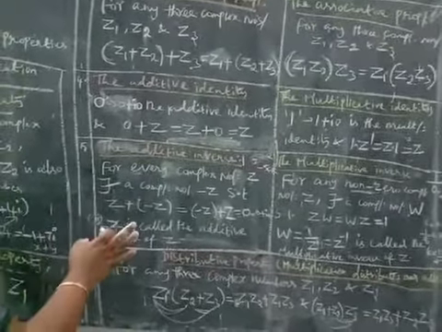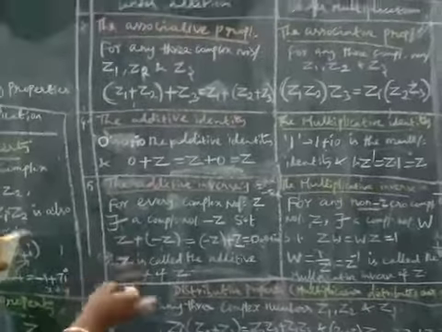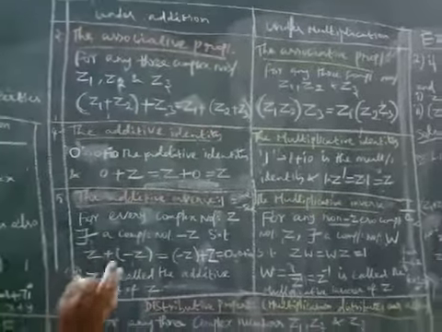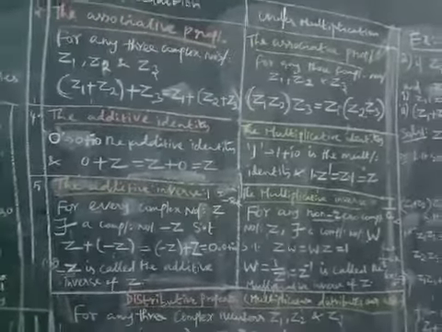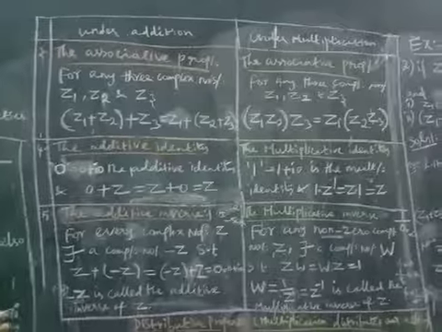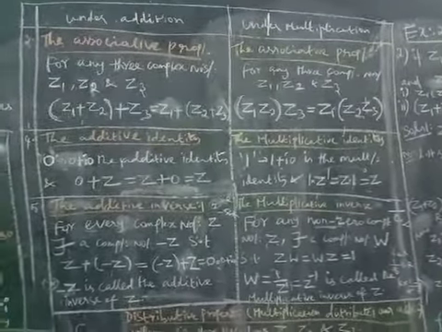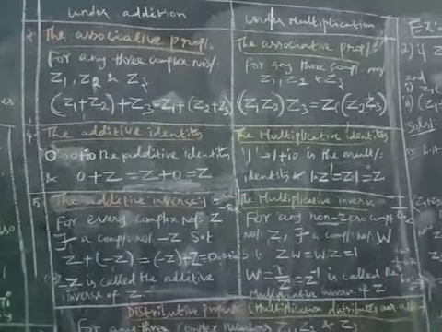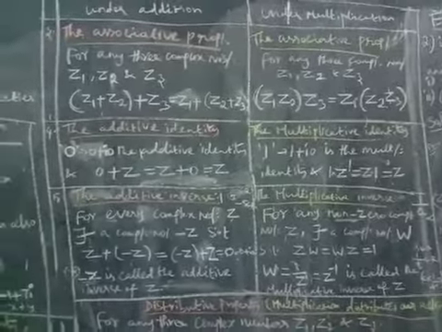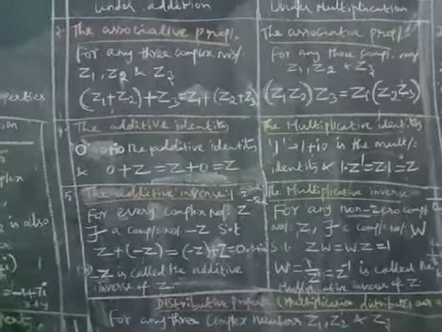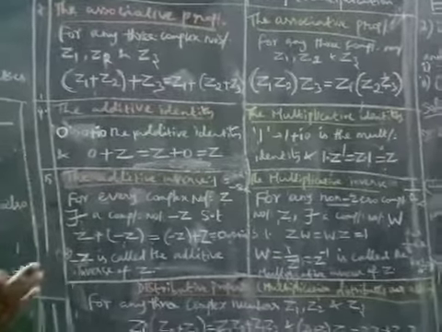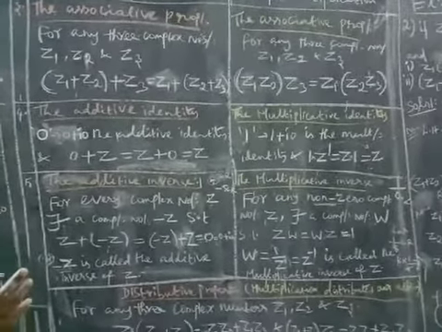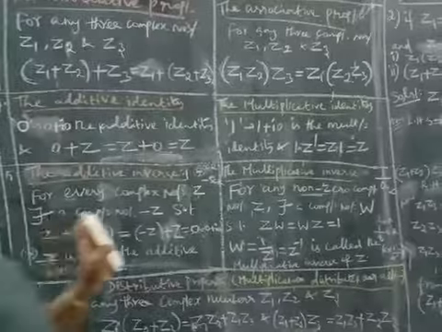Why I am telling this is that sometimes they may ask a 2 mark or 3 mark question. They will give some complex numbers z1 and z2, and using that concept, ask you to prove the associative property, or prove that this is commutative. If you know the concept, you can easily attempt that question. That's why I am telling you to memorize all these concepts.